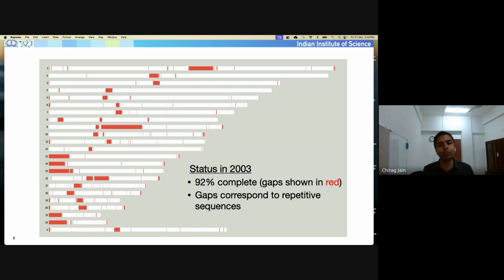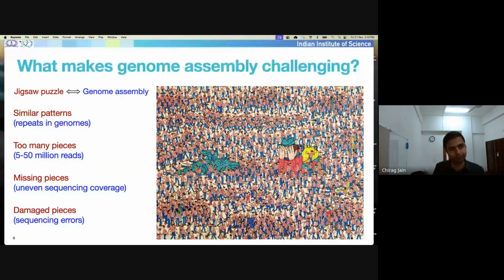Now, why would repeats cause problems? Let me go back to the jigsaw puzzle to explain. The reason the genome assembly problem has been challenging for multiple decades is that the jigsaw puzzle we are trying to solve has many repetitive patterns.